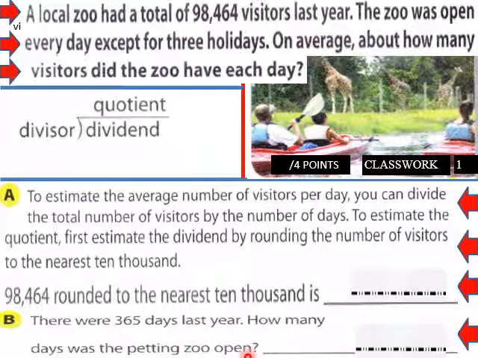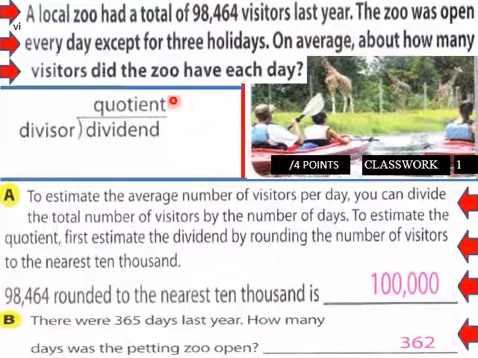How many days was the petting zoo open? So here are the other parts of this algorithm that we have to enter into it. 98,464 is close to 100,000. It's about 1,600 away.